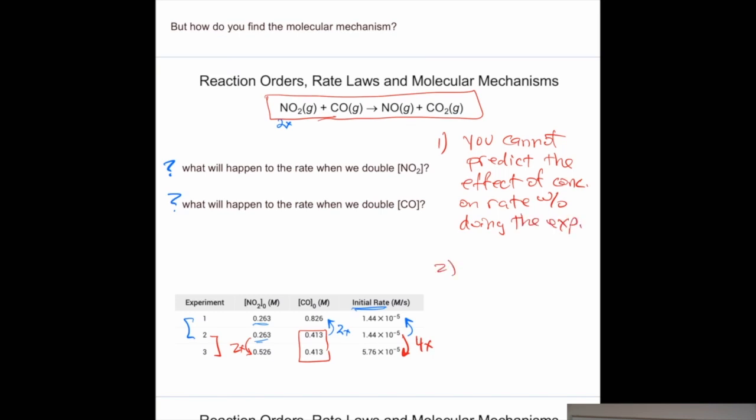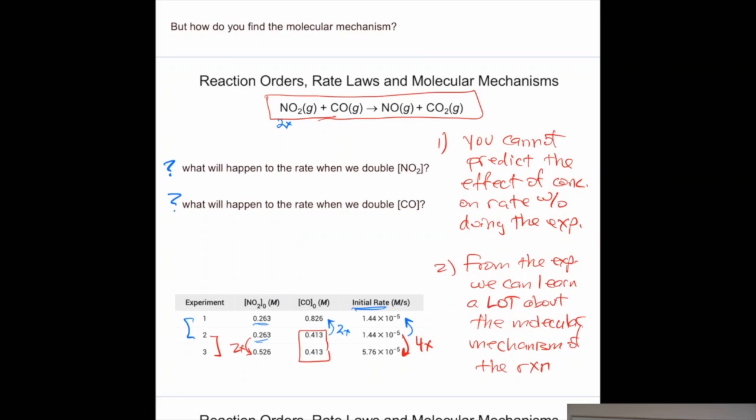And 2, from the experiment, we can learn a lot about the molecular mechanism of the reaction. What I mean by molecular mechanism is, now think about that simulation that we used.